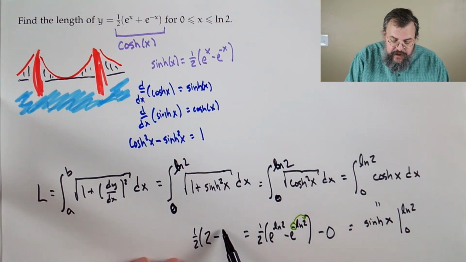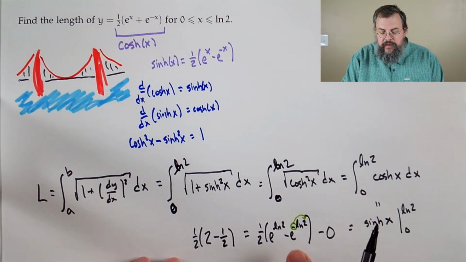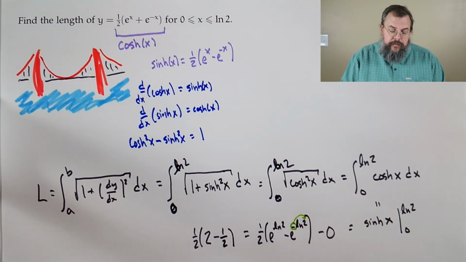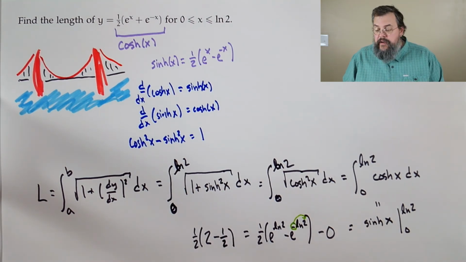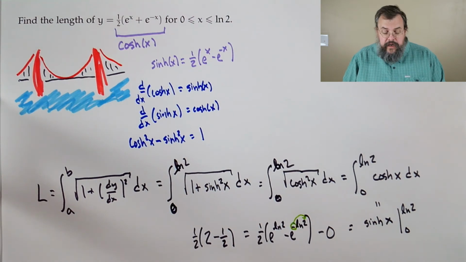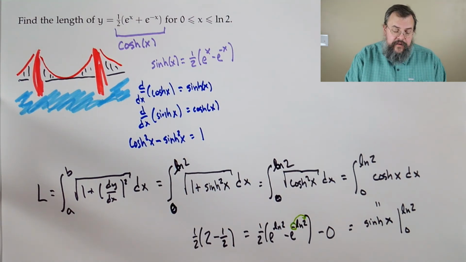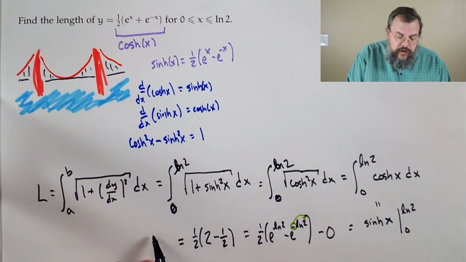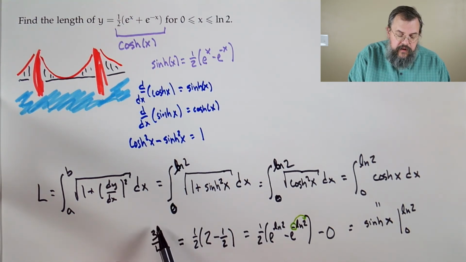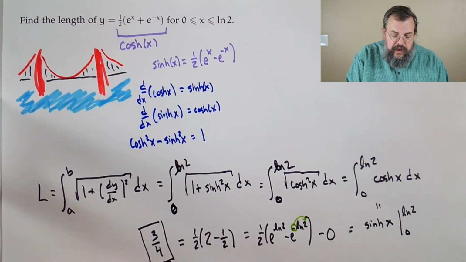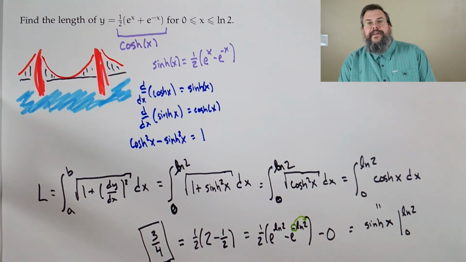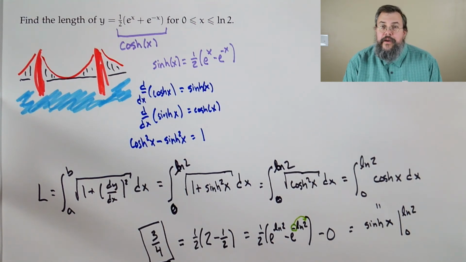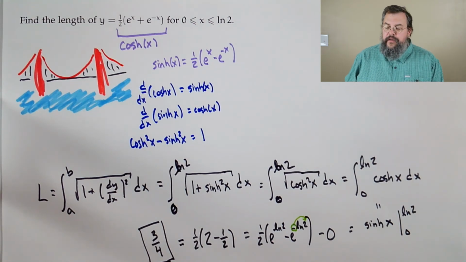So this becomes 2 minus a half. That's what happens to this e to the minus log 2. 2 minus a half would be 3/2, also known as 1.5, times another half. So that would give us a grand total of 3/4. And therefore, that's the distance, 3/4. That's the total length of the cosh curve from 0 up to log of 2.